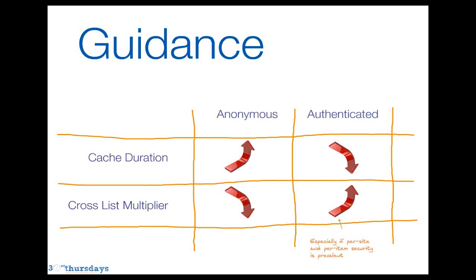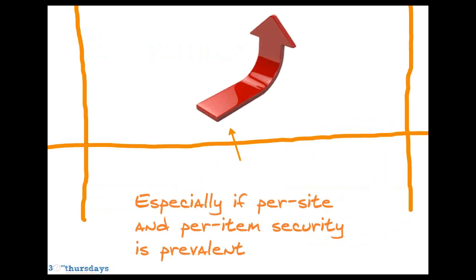In authenticated scenarios, the advice is strictly the opposite, again, because it's read-write, and you've got a different situation where data is probably turning over and there might be security trimming. And that multiplier really needs to go up if you're using per site or per item security to avoid another round trip to the content database to cover for the cache not having enough in terms of results.